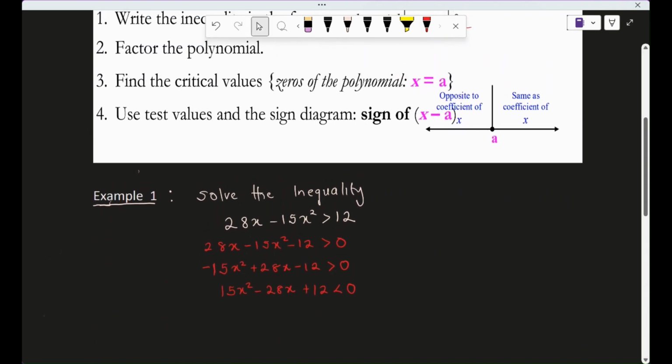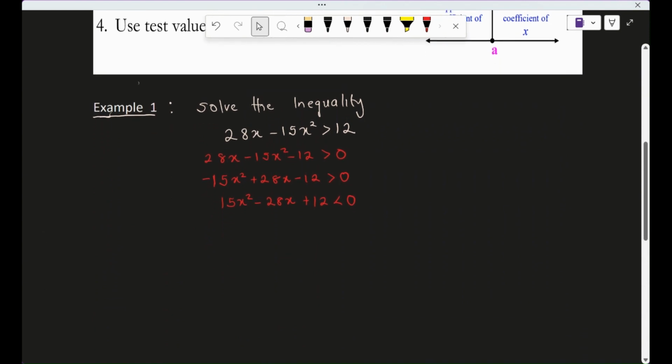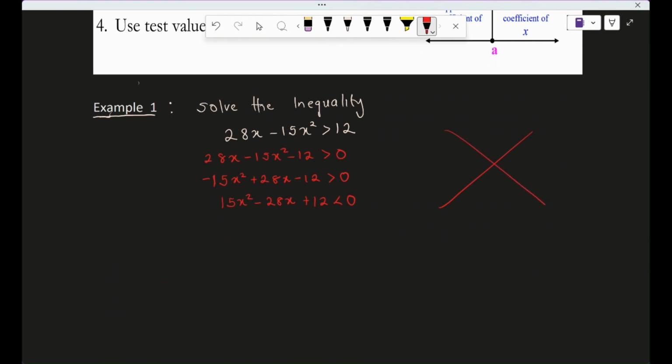Now we come to the second part, which is to factor the polynomial. And this is just a quadratic polynomial. Because the power is 2, how do you factorize this? This is our A, this is our C, right? So we can use the slide and divide method.